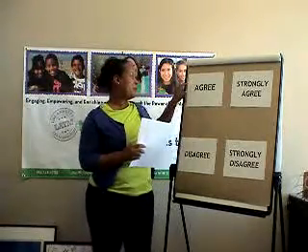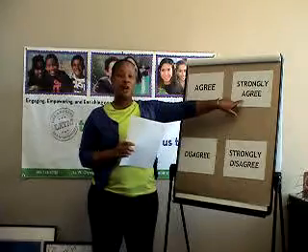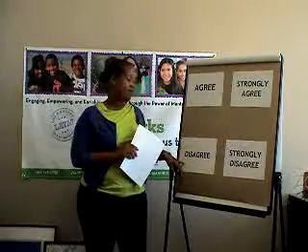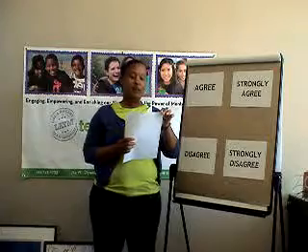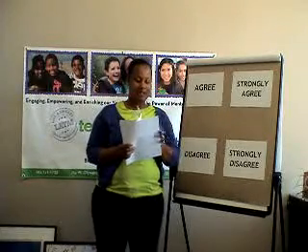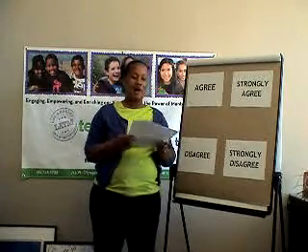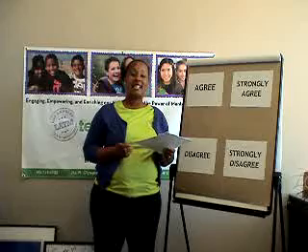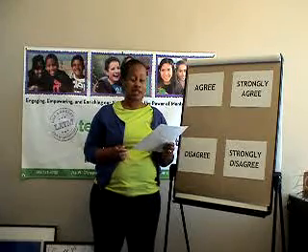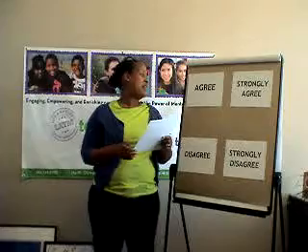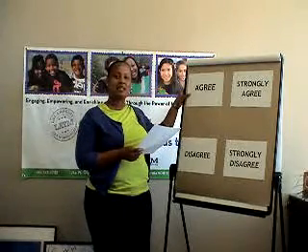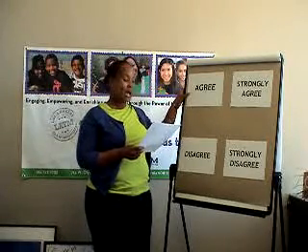One corner will have agree, another strongly agree, one corner will have disagree, while the next will have strongly disagree. So what will happen is this. You'll read off a list of statements, and then you'll ask the students to stand in the corner that best represents their view. So for example, it's easy to get along with people. Okay, well if I agree with that, I'll go stand in the corner that has the agree sign.